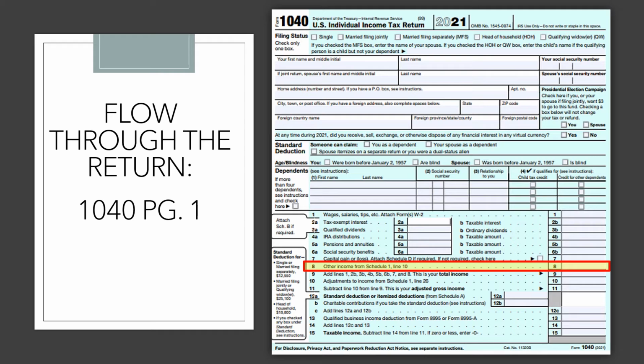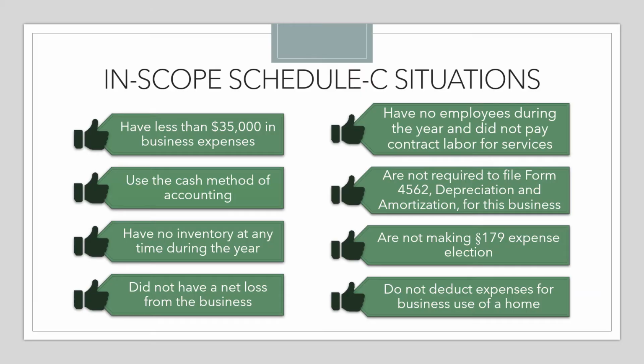So while personal deductions are generally taken after the adjusted gross income line, our business deductions are taken before that line. But again, we'll go into more detail about business income and all that calculation and the effects of it in our second lesson. For now, let's turn to our scope issues.